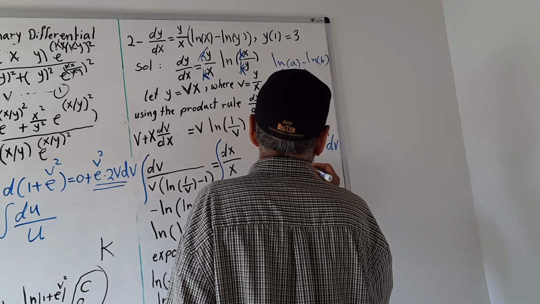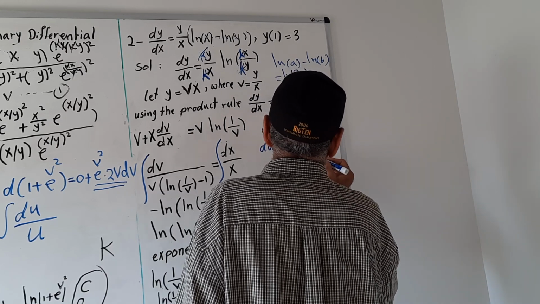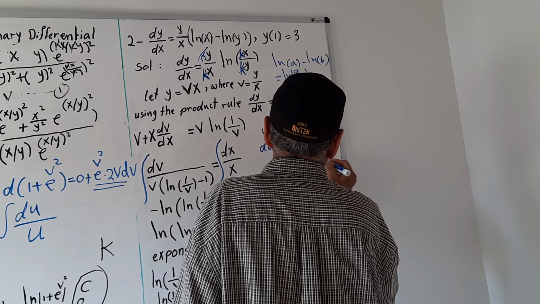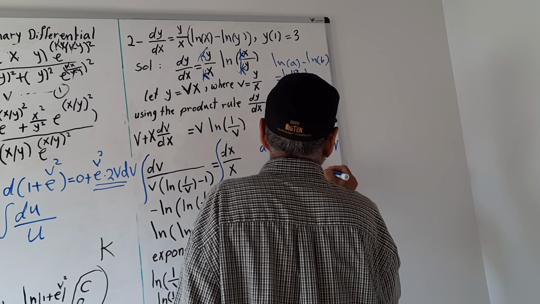And the v will cancel the minus, giving minus dv over v.